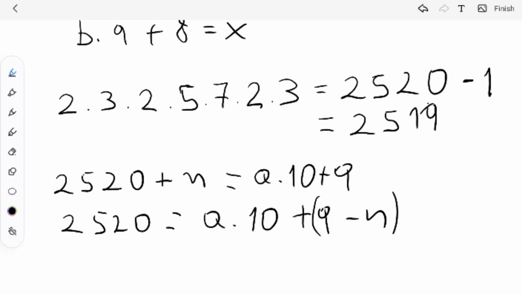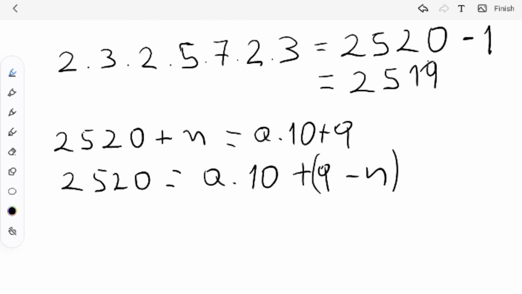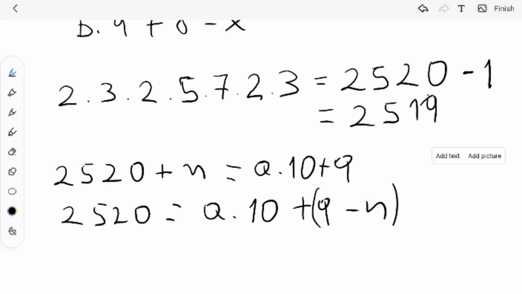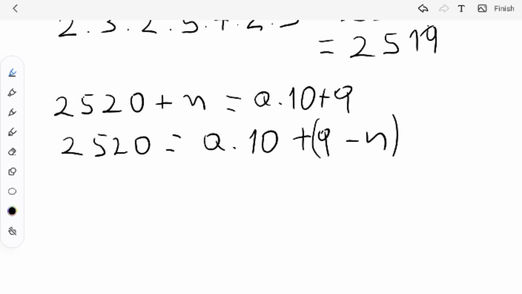The left side of this equation is a multiple of 10, so the right hand side should definitely be a multiple of 10. The only way to obtain this is if n is equal to minus 1. If n is equal to 9, then we obtain the same answer actually, but maybe the process is different.